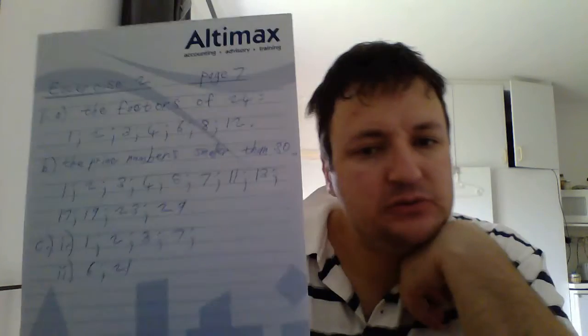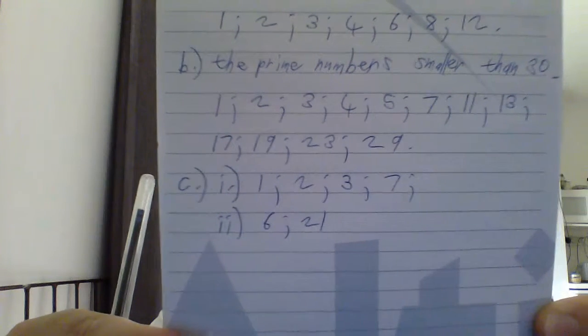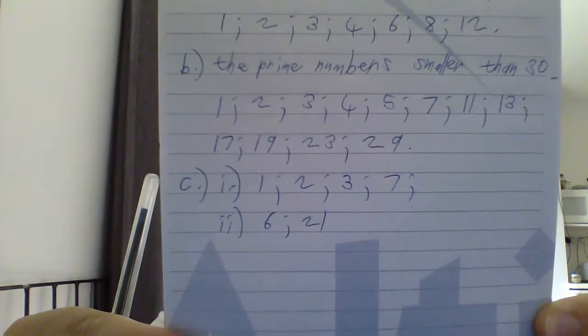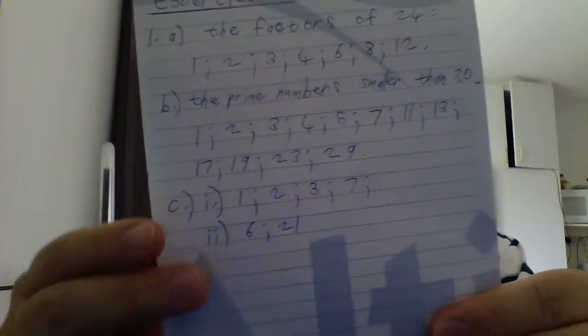So the next one will probably be 21. So the composite numbers that go into 42, in other words, non-prime numbers that are factors of 42, are only 6 and 21. 21 times 2 is 42.